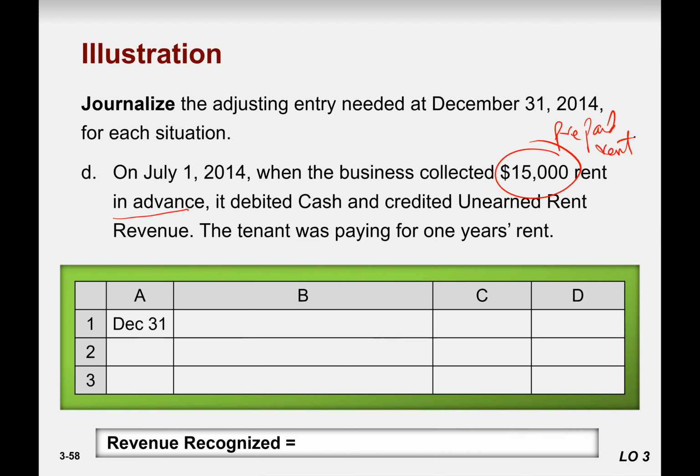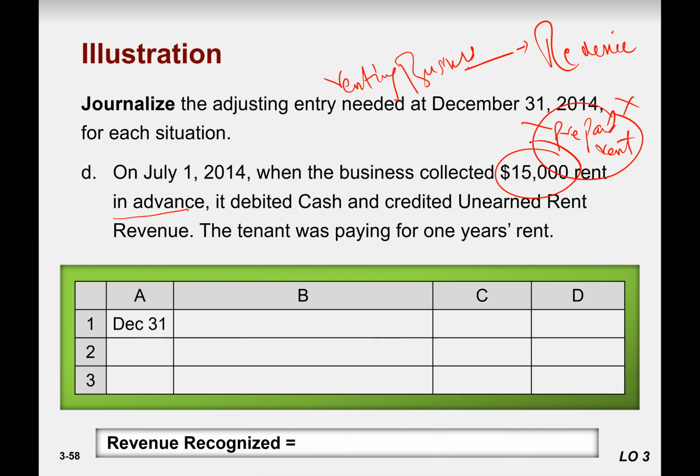But remember, this is not prepaid rent. Why? Because the business is a renting business. So renting is their revenue, right? So this is not prepaid rent, this is their advance, they received revenue in advance, which means unearned revenue or unearned rent revenue, right?